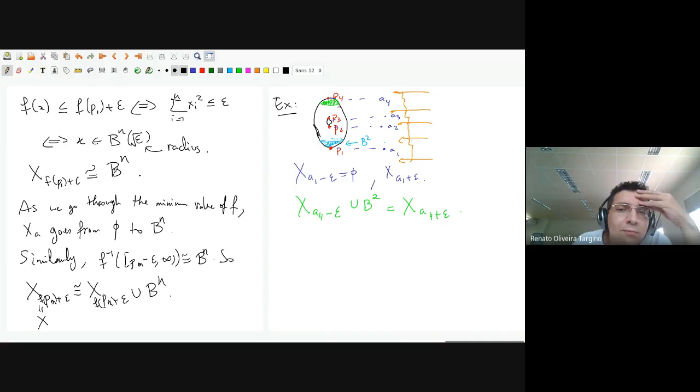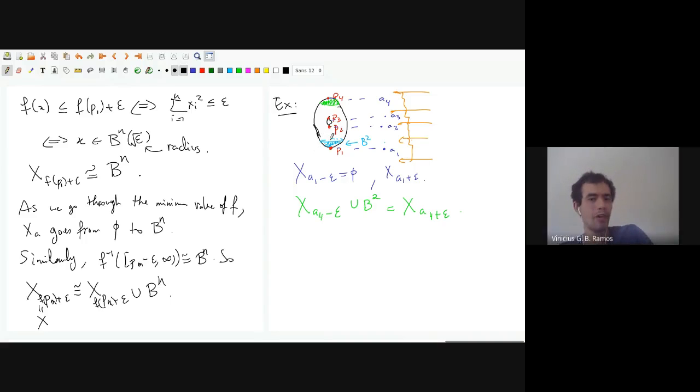What you can say is that in a neighborhood, suppose that pi has index 0. What happens is you can't say that X of f of pi plus epsilon is equal to a ball.